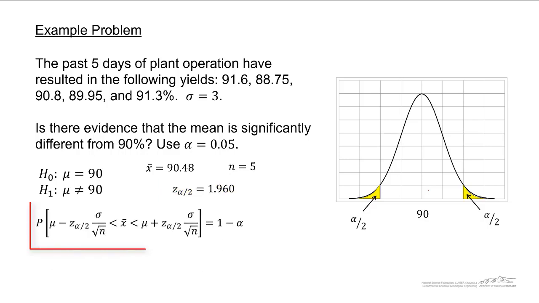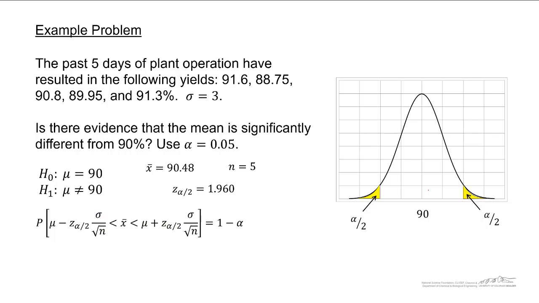We can set up a 1 minus alpha confidence interval on this scenario. We are 1 minus alpha % sure that x bar lies between mu minus z alpha over 2 times sigma over root n and mu plus z alpha over 2 times sigma over root n. So this just goes back to the screencasts on confidence intervals.